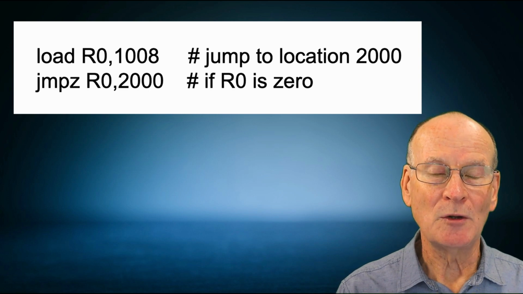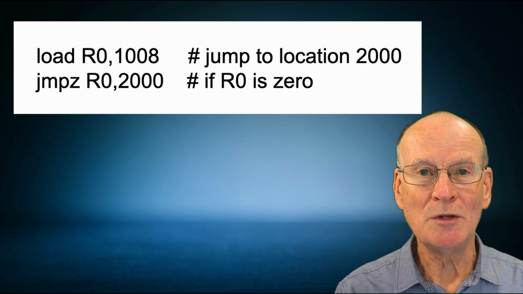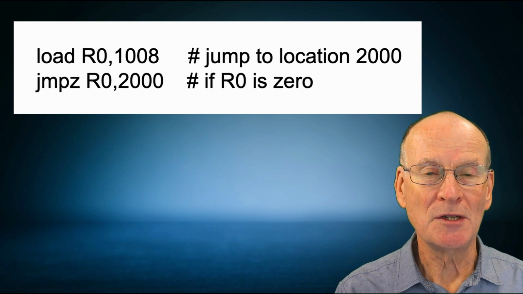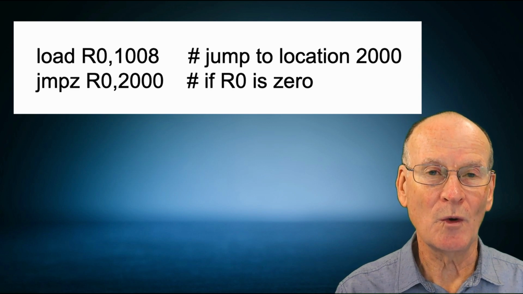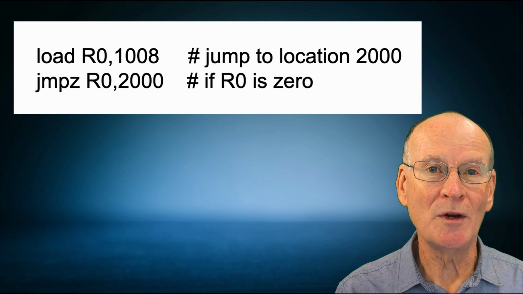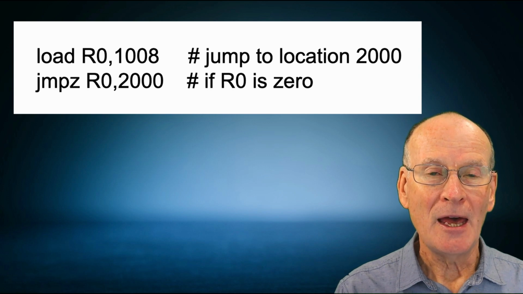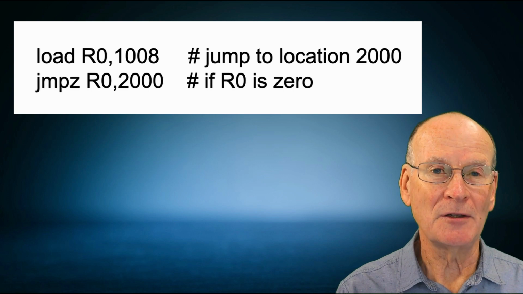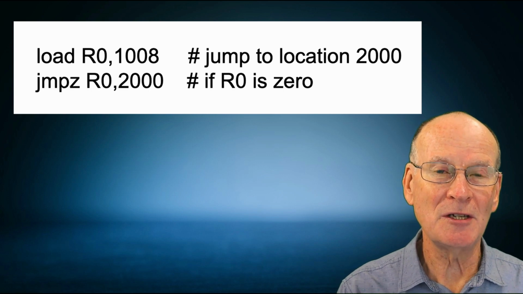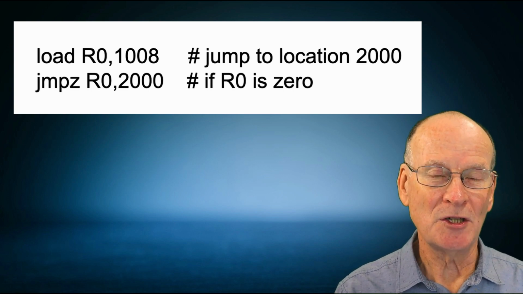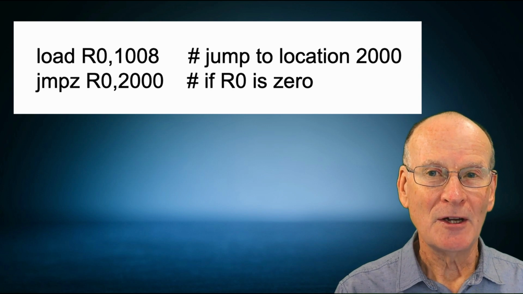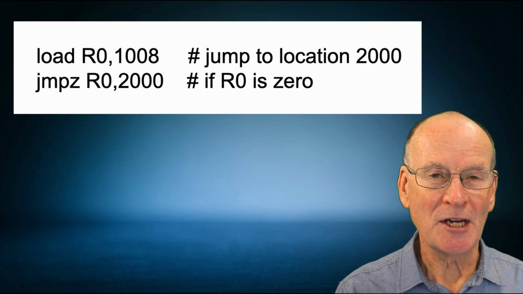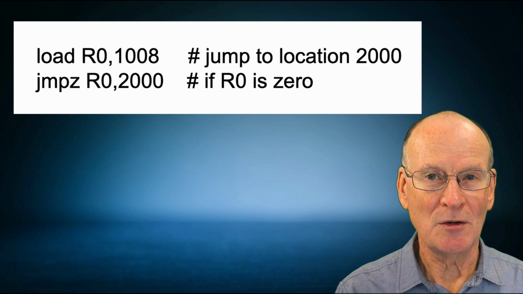So here's an example where I've got a load instruction, which loads the value from address 1008 into register R0. And then I've got another hypothetical instruction from my hypothetical machine. I've called it jump Z, which will jump if the value in the register R0 is 0.